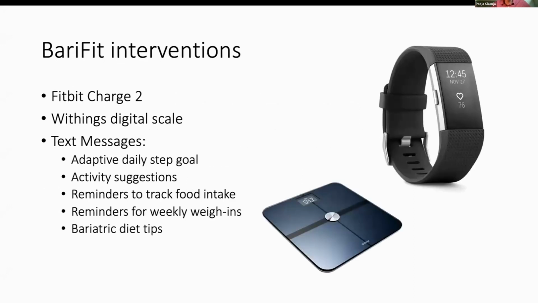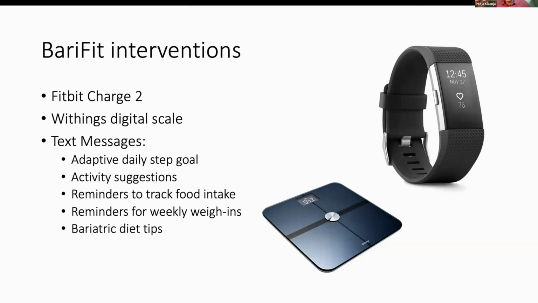And we had several things going on in this intervention. One was an activity tracker. This was just a Fitbit Charge, an off-the-shelf tracker. The same thing for the Withings digital scale. So we had some commercial pieces that the system could just ship to patients. And then we augmented these with some custom text messages. One is an adaptive daily step goal that helps people become more active over time.